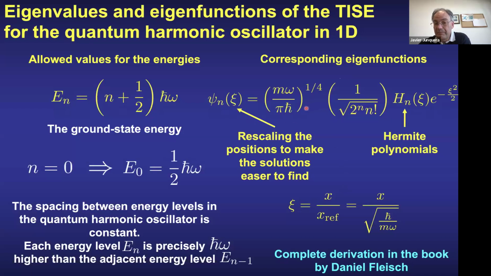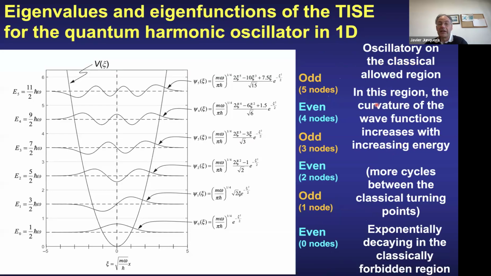This looks relatively complex with these Hermite polynomials and things like this, but we can take a look at the graphical shape of these solutions. And here we have the first eigenfunctions of the harmonic oscillator. Here we can see how they are equally spaced. When we are moving up in energy, the difference in energy between one level and the previous one is constant.